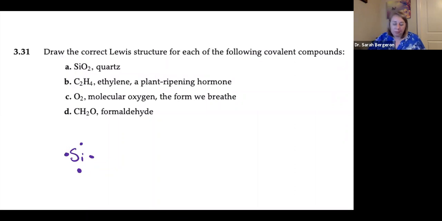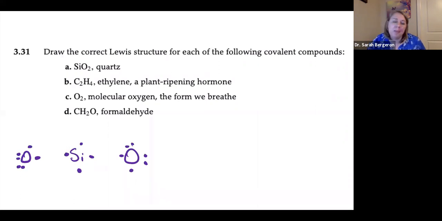O2. Oxygen, if we look on the periodic table, has 6 valence electrons. So 1, 2, 3, 4, and then we pair them up: 5, 6. And then another oxygen: 1, 2, 3, 4, 5, and 6.